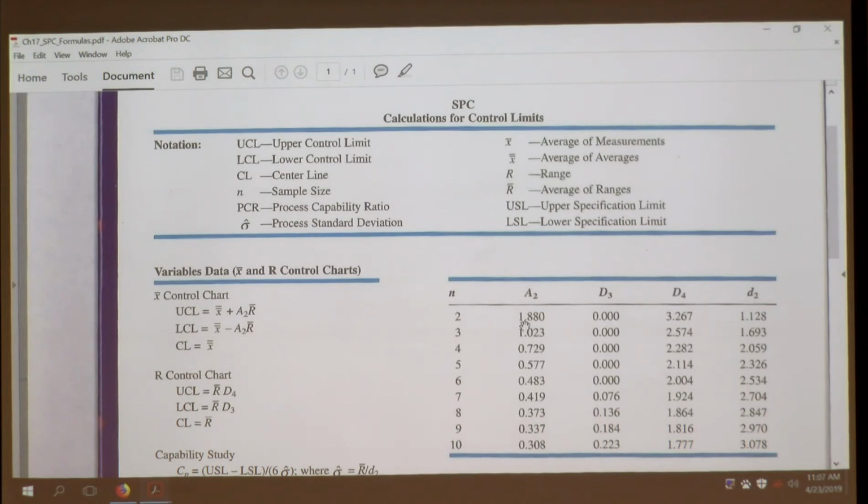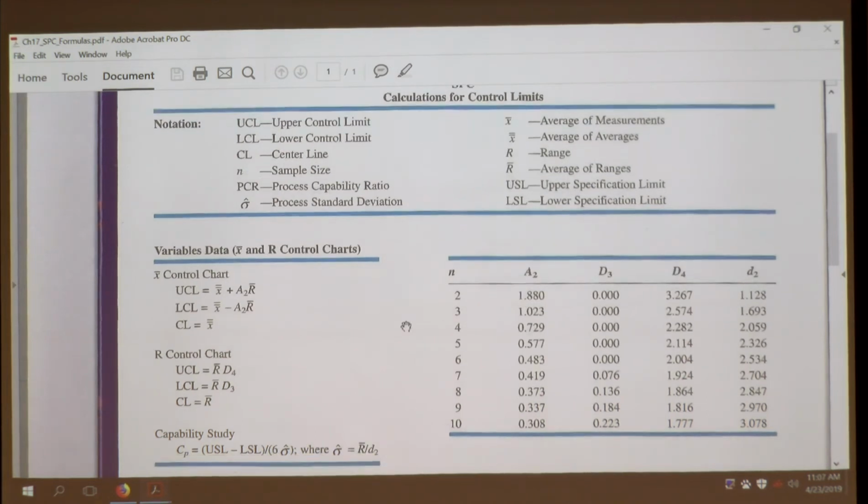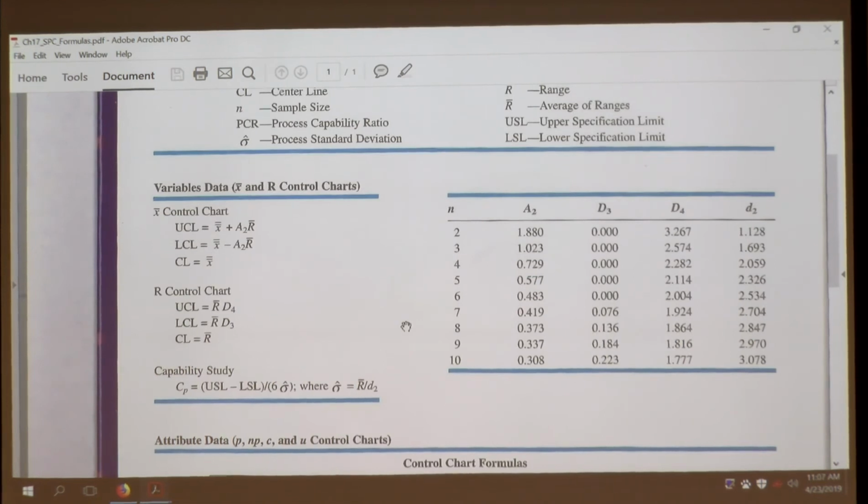Now first, let's have a look at the variable data control chart. This is the X bar and R control charts. What we need to find out is the upper control limit, which is X bar plus A2 R bar, and then the center line is X bar, the grand average.